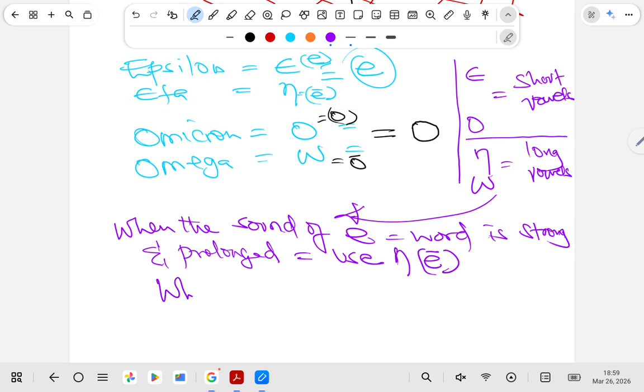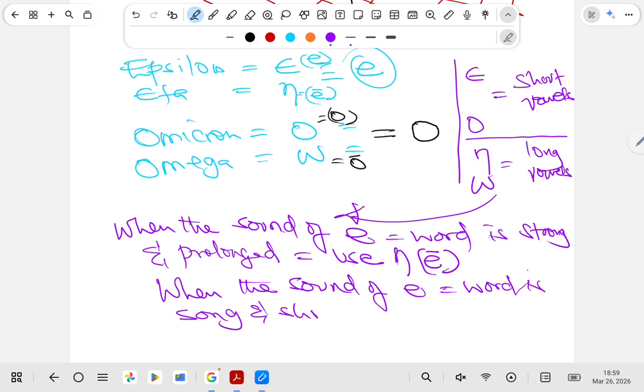but when the sound of the E in the word is soft and short, we use the short vowel, which is epsilon.